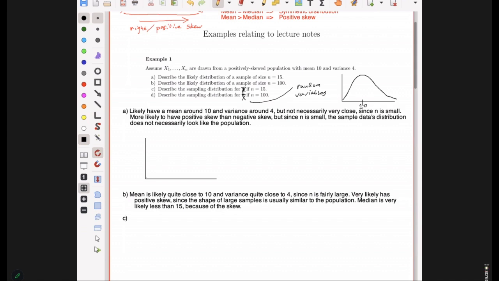For n equals 15, we could have something that looks like this, or something that looks not at all like the population.